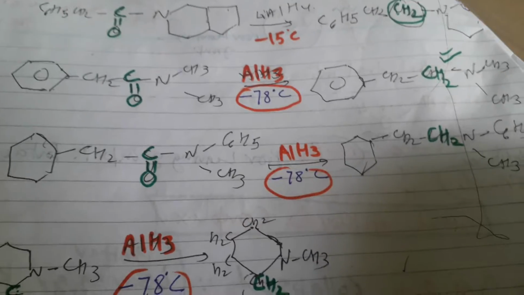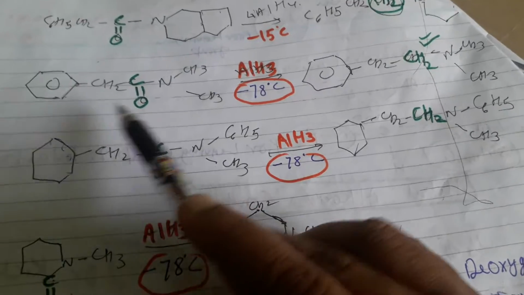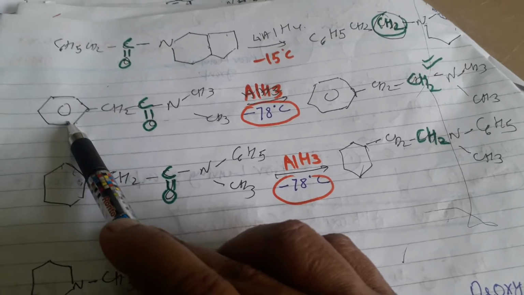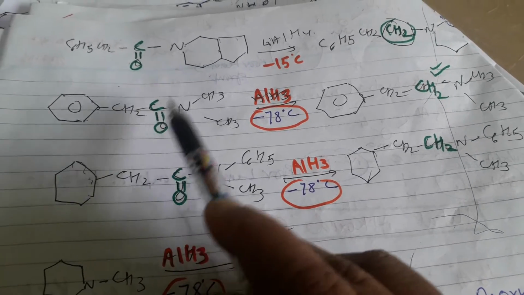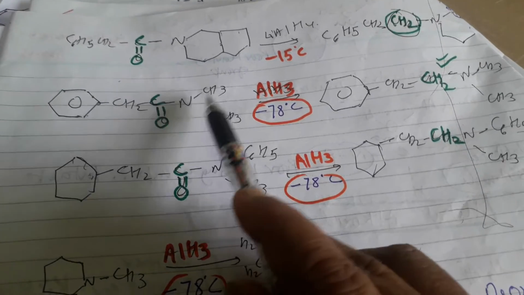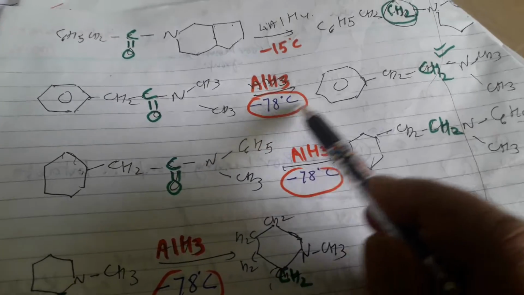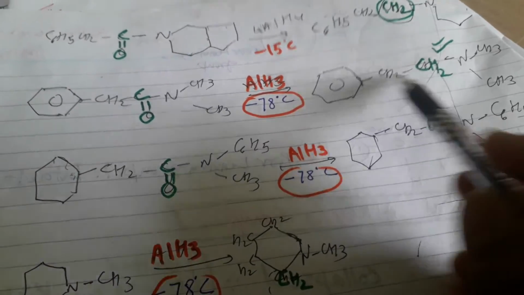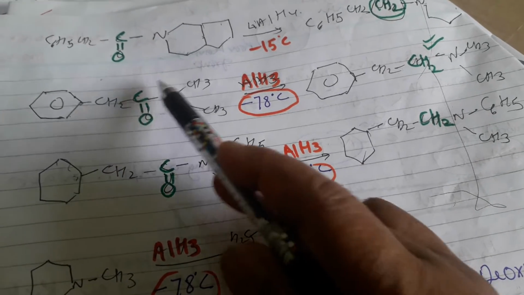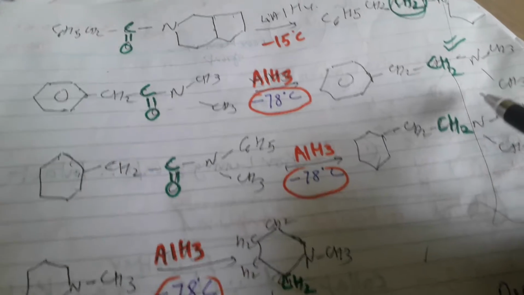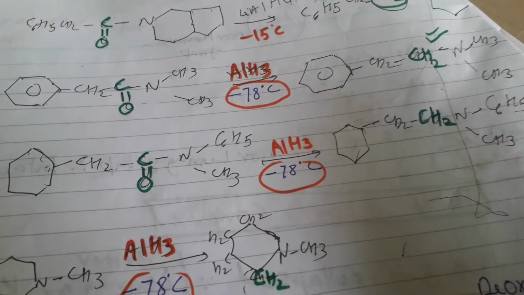Draw all this. Pause your camera and take the picture, and then you learn it. Benzene ring, CH2, CO, and CH3. This is a disubstituted amide. LiAlH3 at minus 78 degree C. You will get CH2. Count the carbon. You see, it targets only the CO. CO is converted into CH2, and the rest you have to write as it is.